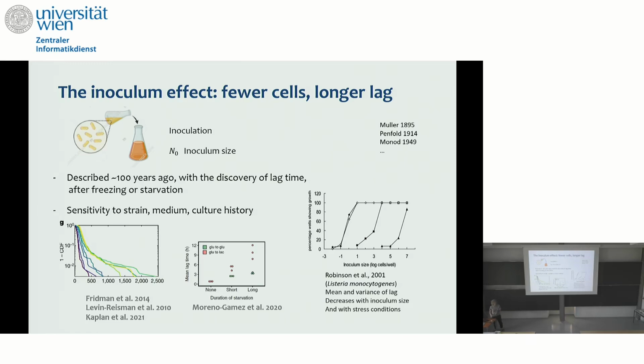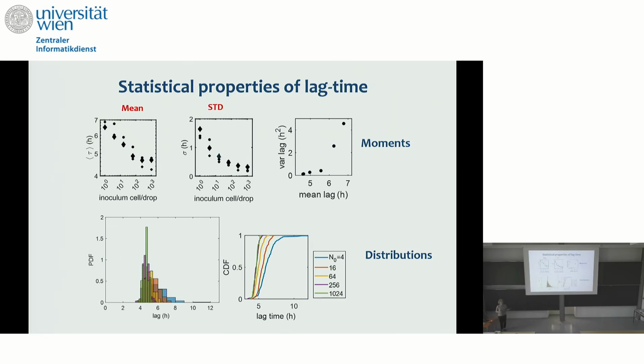Right, so what new things does our experiment contribute? Let me just give you an overview of what the statistical data looks like, and then we can see what we can learn from it. These are three repetitions of the entire experiment. We have several hundred repetitions, or droplets, for each condition.